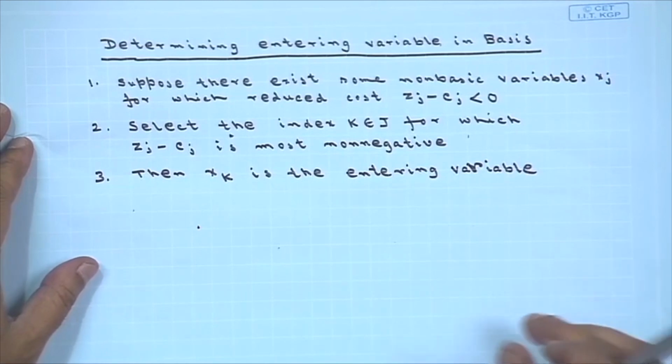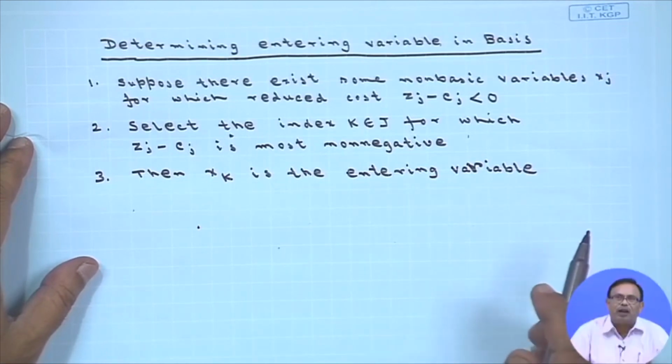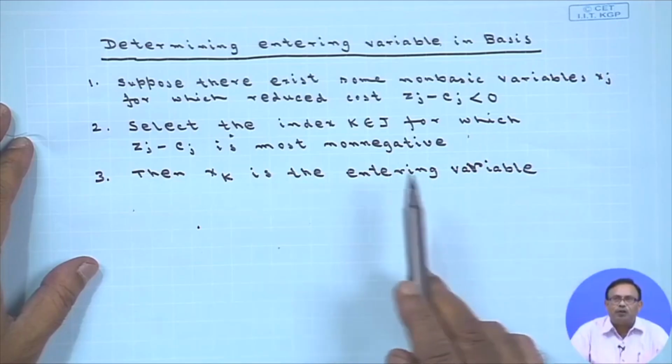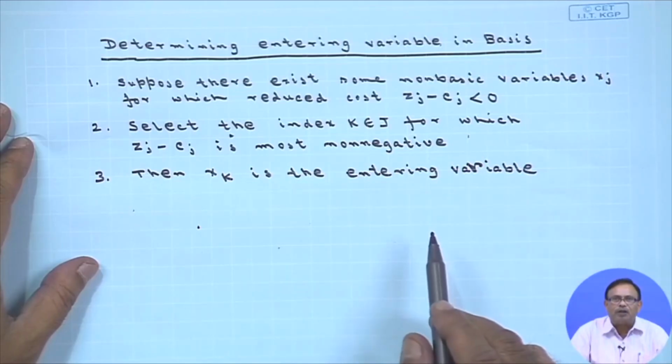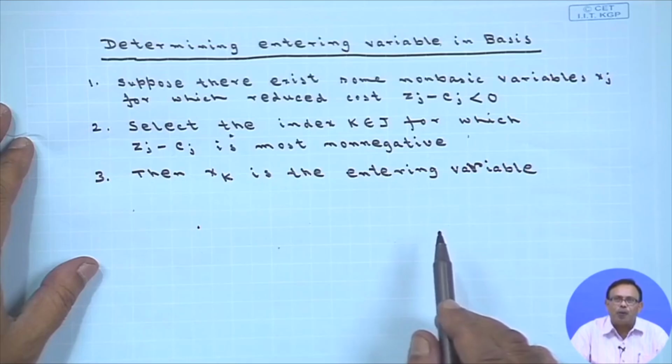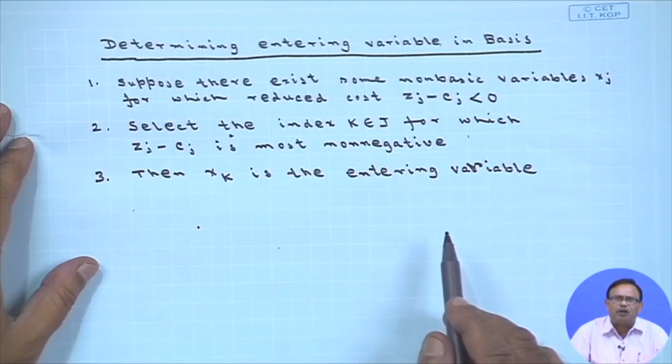First, let us see determining the entering variable in the basis. Suppose there exists some non-basic variable xj for which the reduced cost zj minus cj is less than 0. As we have told, if zj minus cj is greater than or equal to 0, we have obtained the optimum solution.